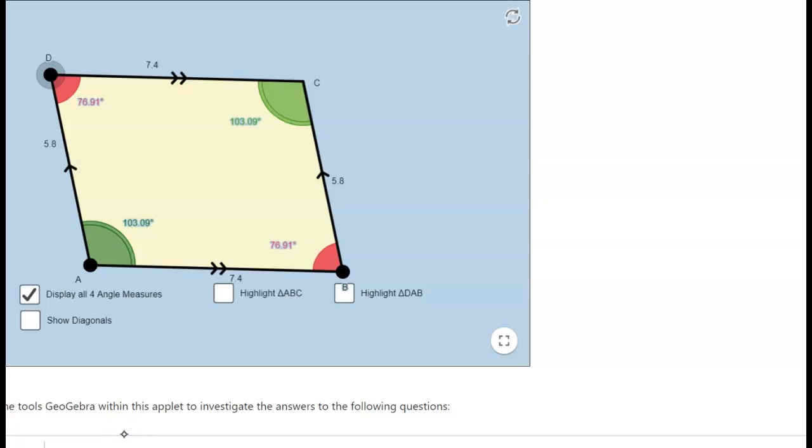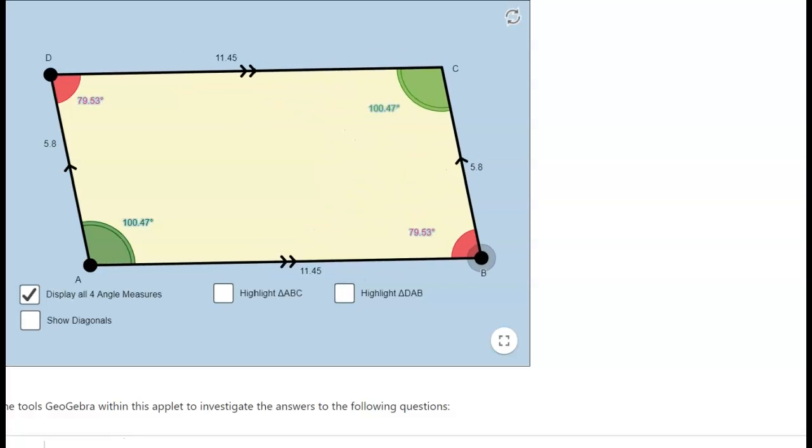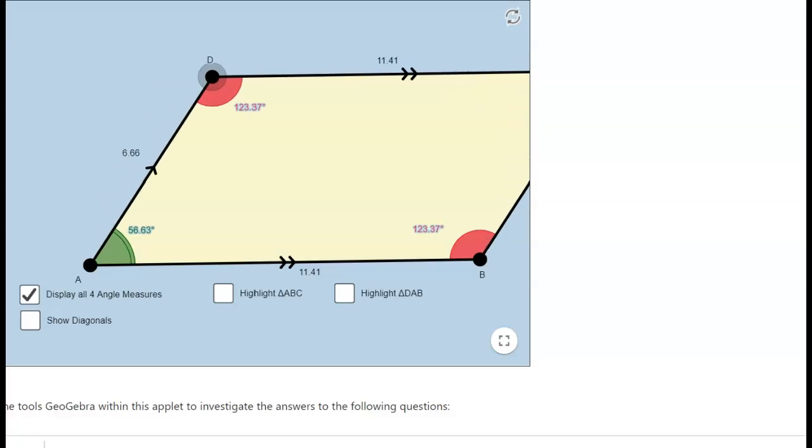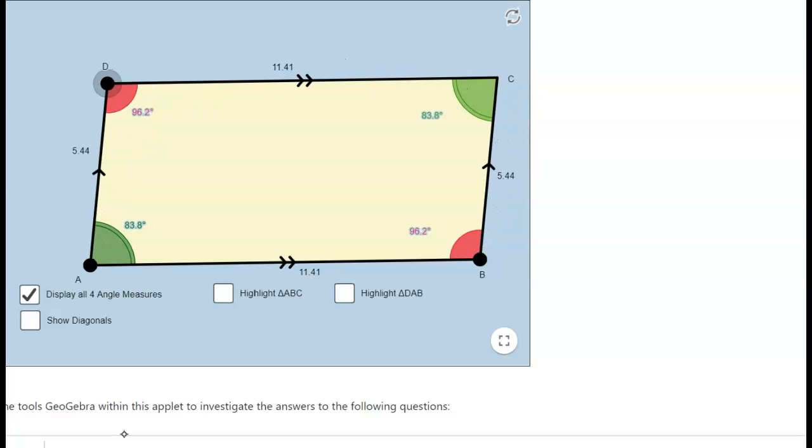If you remember, if the lines are parallel, angle D and angle A are called same side interior angles. And if you look at angle D and angle A and you were to add them up, you will get 180 degrees. If I were to make the parallelogram different, again, D and A are same side interior angles, and if you were to add those two up on your calculator, you will get 180.